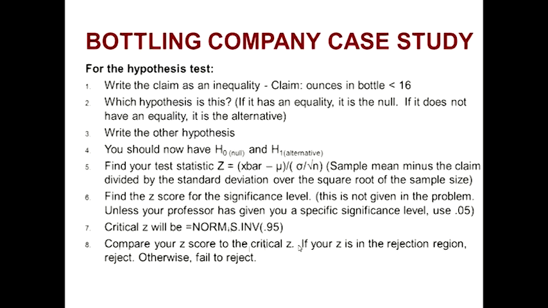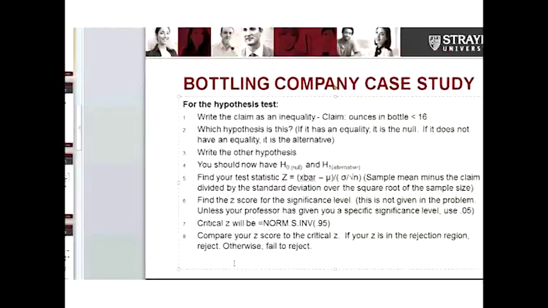And then compare your z-score to the critical z. If your z is in the rejection region, reject. Otherwise, fail to reject. Where does your rejection region come from?